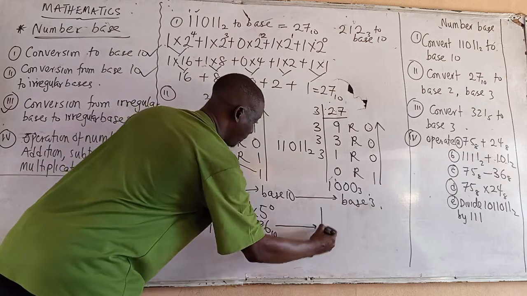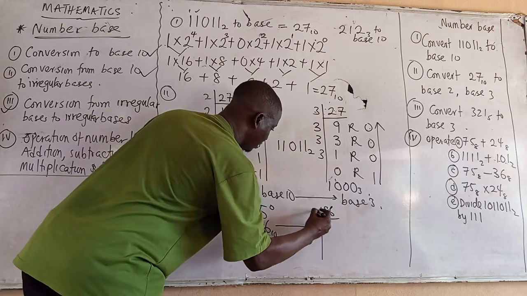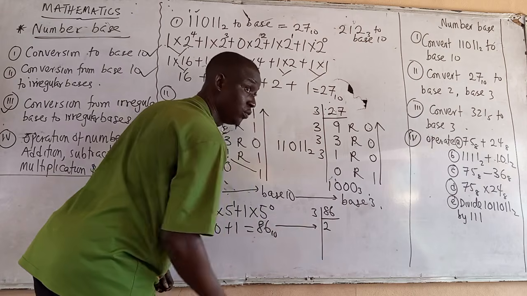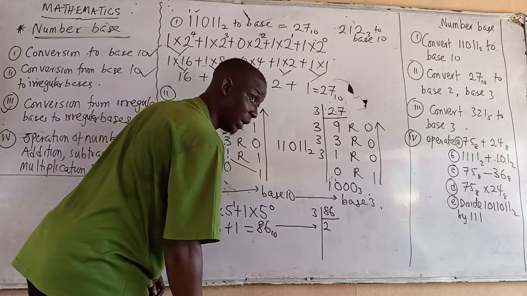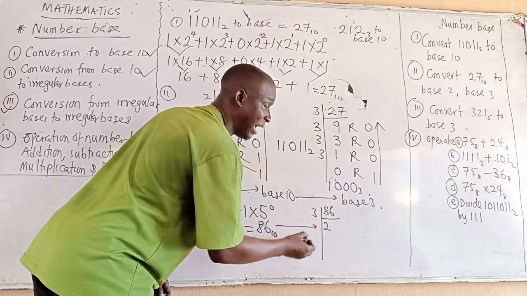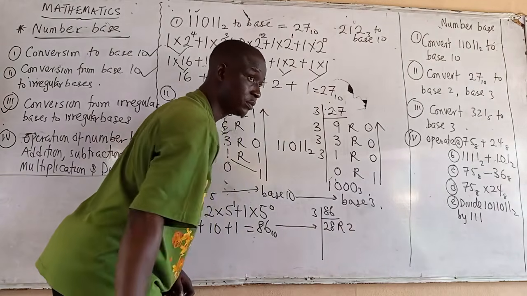The last step is converting into base 3. You keep dividing. How many 3 can go in 8? 2, remainder 2. Then put the 2 side by side, 26. How many 3 can go in 26? 8, remainder 2.